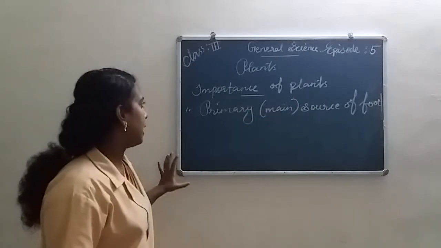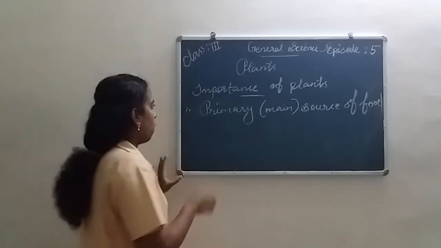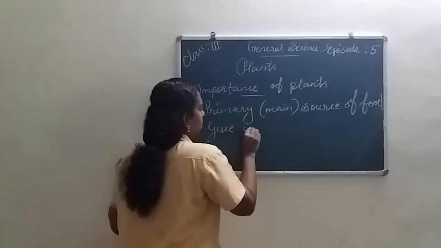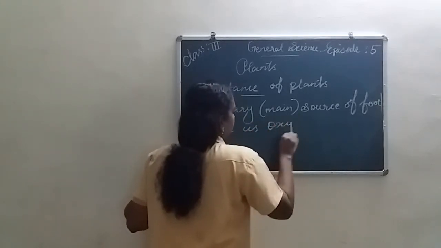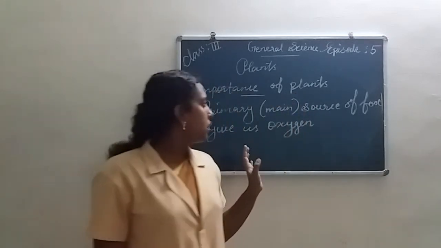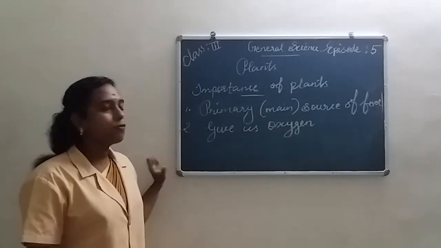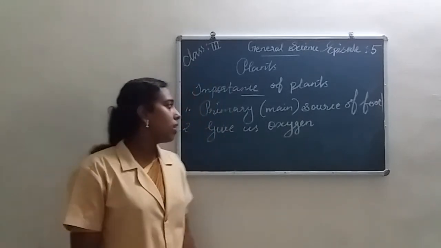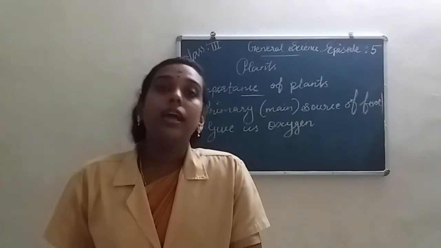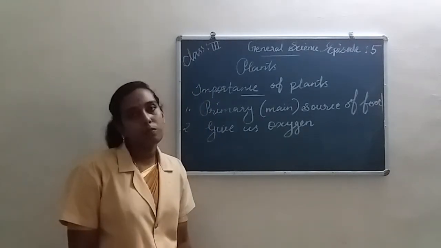And the second one is plants give us oxygen. Plants give us oxygen, and also the plants remove the harmful carbon dioxide from the atmosphere.